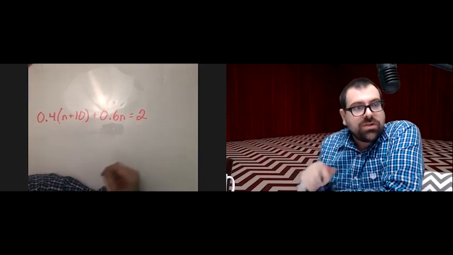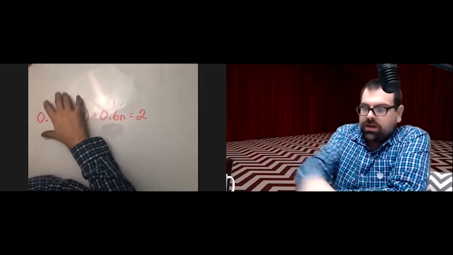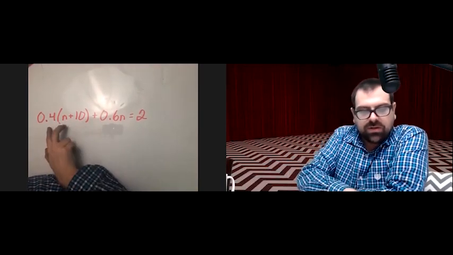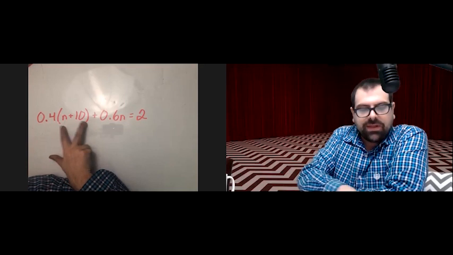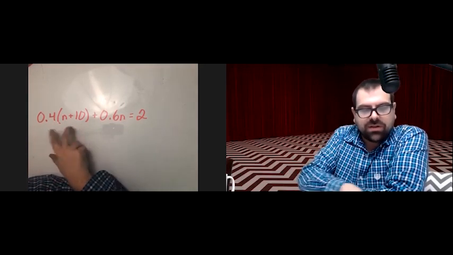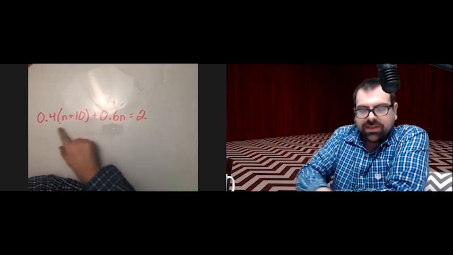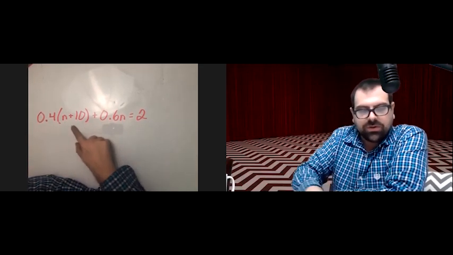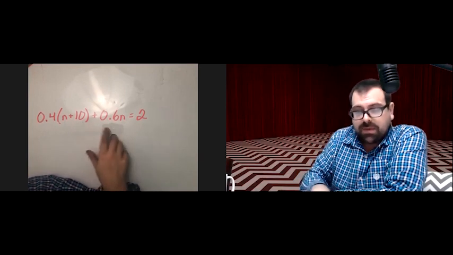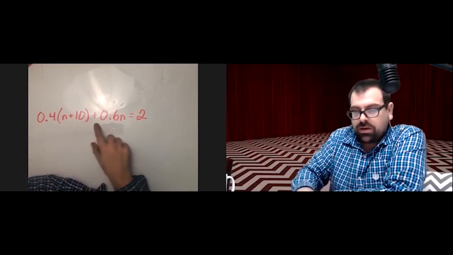So how many terms do we have here? 1, 2, 3. That's it. Don't count what's in here and don't count these separately. These are two things multiplied by each other. That means they're factors. Together, this is a term, one single term, because terms are separated by pluses and minuses. 1, 2.